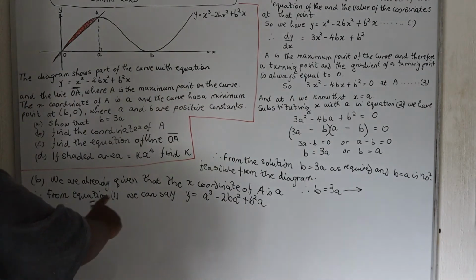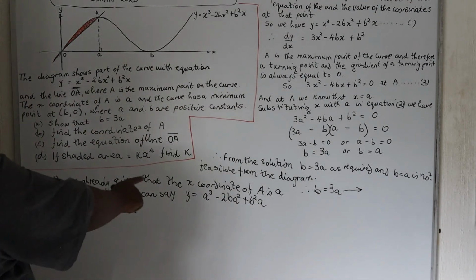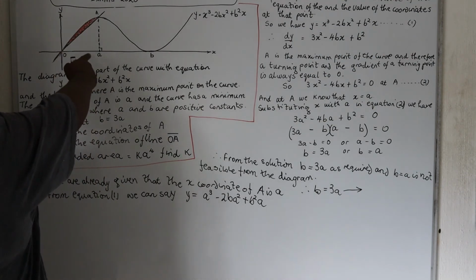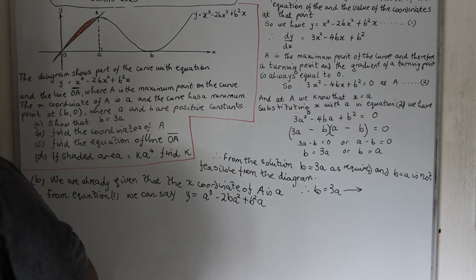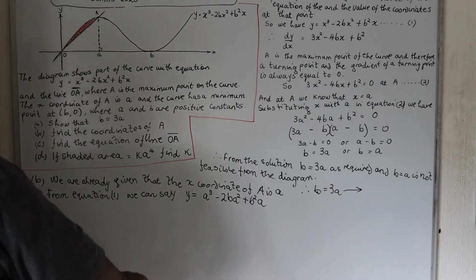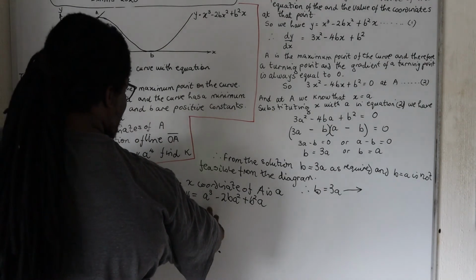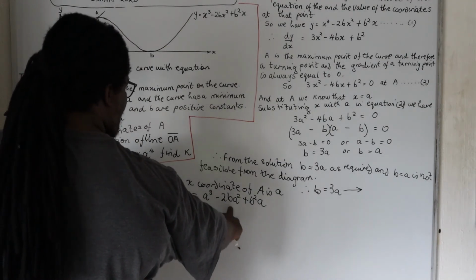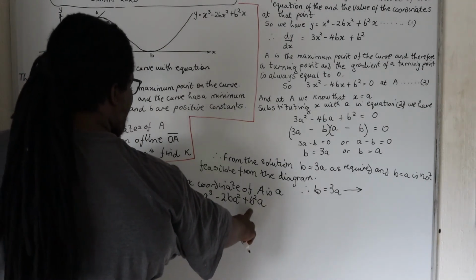And what I've done there is, since we know that the value of x at A is small letter a, we just substitute for x using a in equation 1, and therefore we get y is equal to a cubed minus 2b a squared plus b squared a.